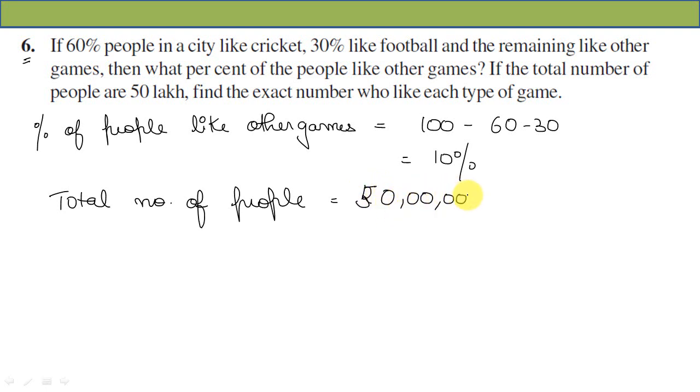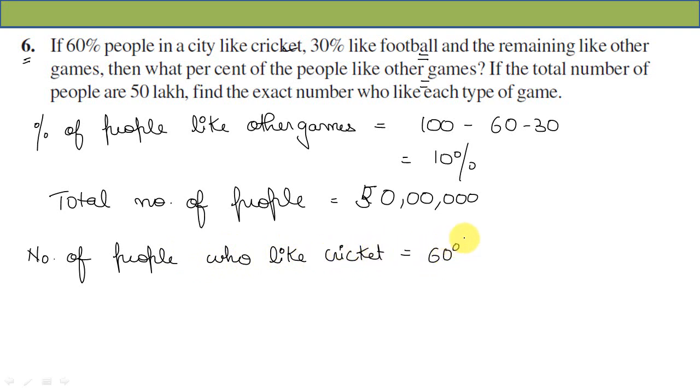That means you need to find out how many people like cricket, how many people like football, and how many people like other games. That means number of people you need to find out. So we will write it down first for the cricket. So number of people who like cricket is equals to 60% of 50 lakh.